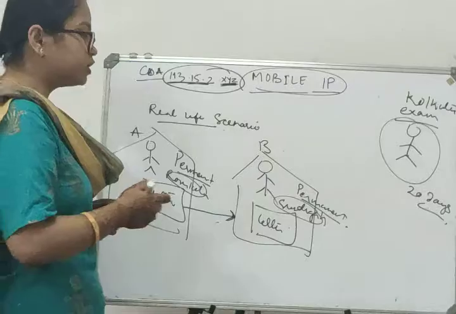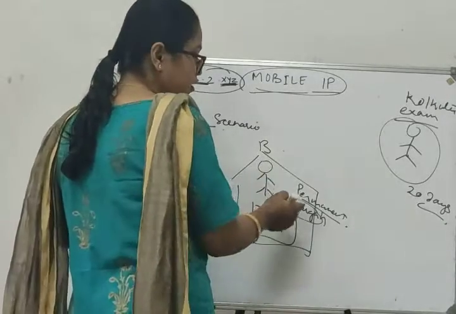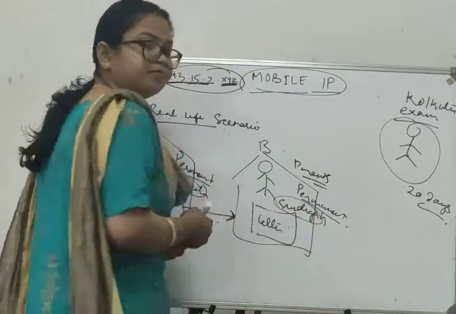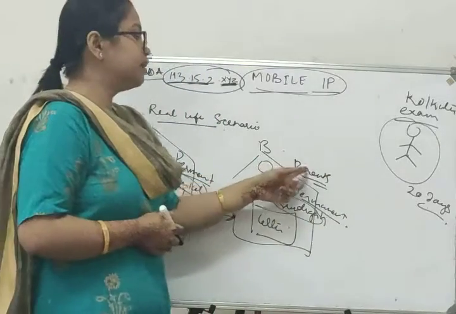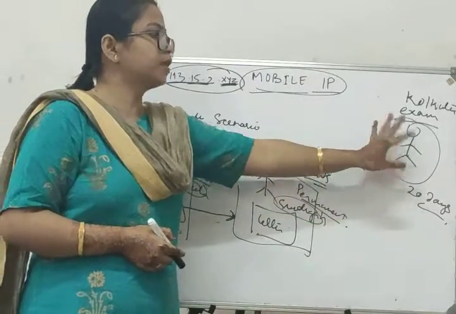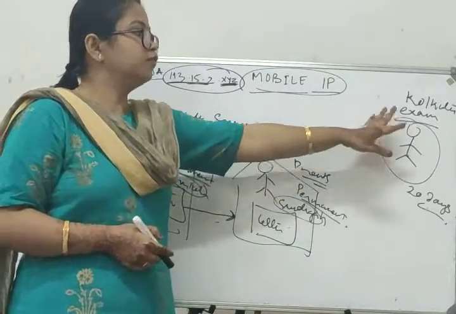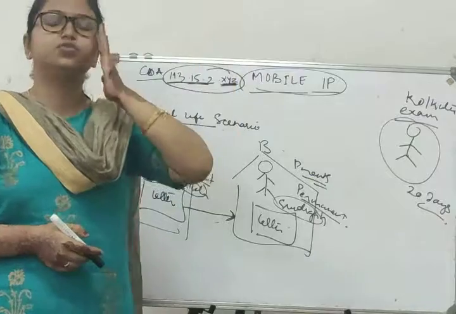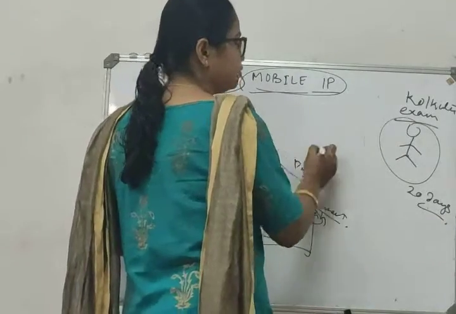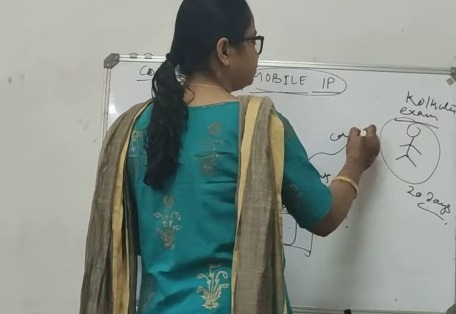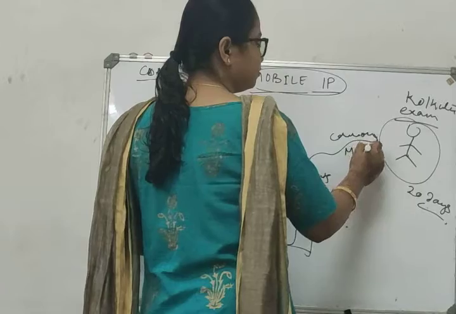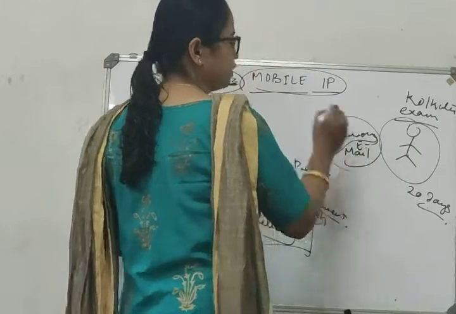So for that, what can happen is, these parents live in the home, right? It's their responsibility to get the letter to B in Kolkata as soon as possible. They can either courier it, mail it, or email it, or do whatever.